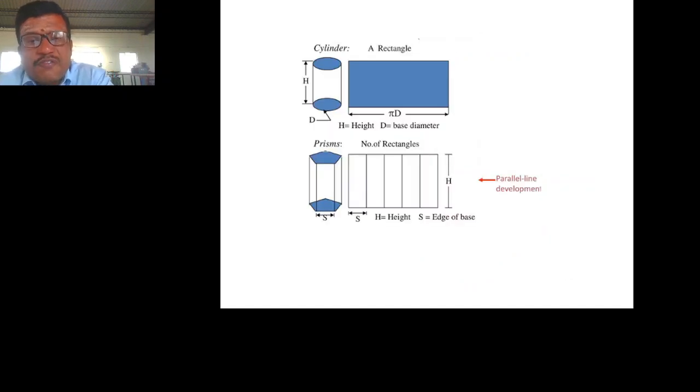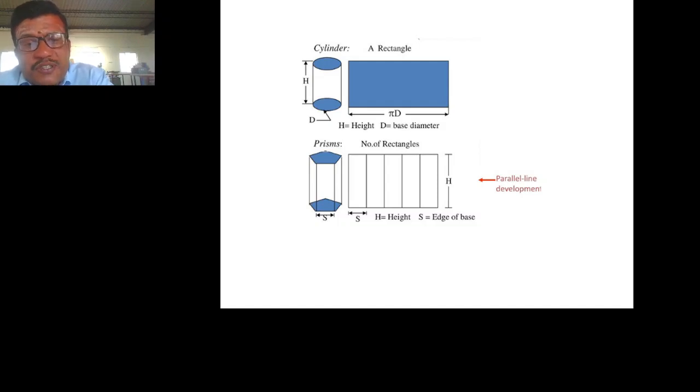This is the formula we are seeing. For a prism, the base length will be S, and here we are seeing the pentagonal prism. At the base and top there will be 2 pentagons. The base length will be S and H will be the height. In the question they will give these 2 parameters.